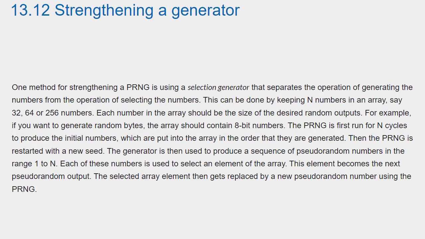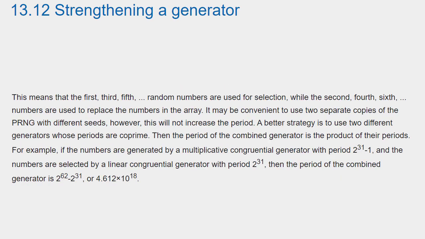This element becomes the next pseudo-random output. The selected array element then gets replaced by a new pseudo-random number using the PRNG. This means that the first, third, fifth random numbers are used for selection, while the second, fourth, sixth numbers are used to replace the numbers in the array.